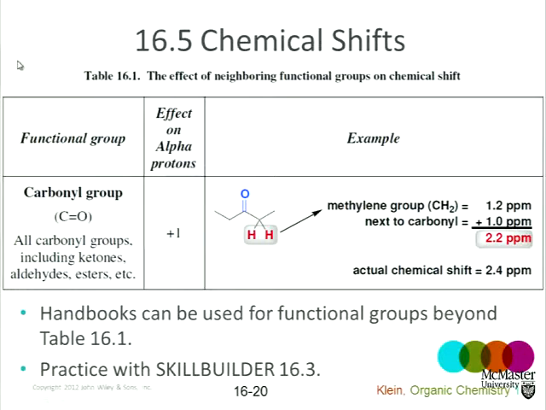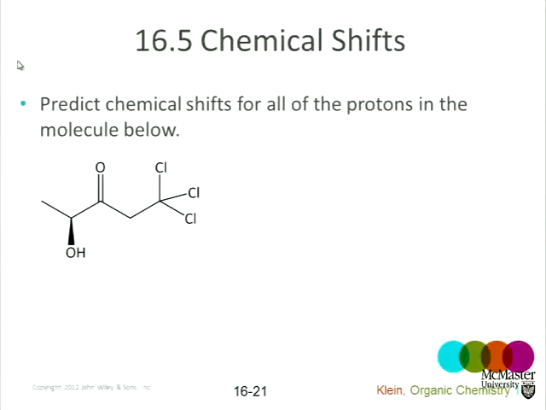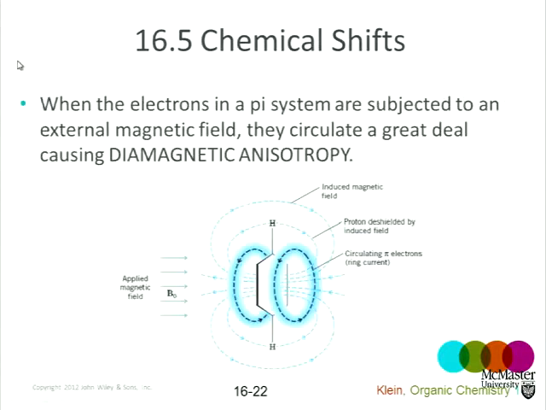Okay, and so now two protons on a carbon next to a carbonyl group come at about 2.2 ppm. It's about the same chemical shift as the methyl groups in acetone, the common organic solvent. And you can get handbooks that tell you all about where to expect chemical shift. So there's an exercise here, predict the chemical shift of the protons, and I will put up these answers sometime soon.